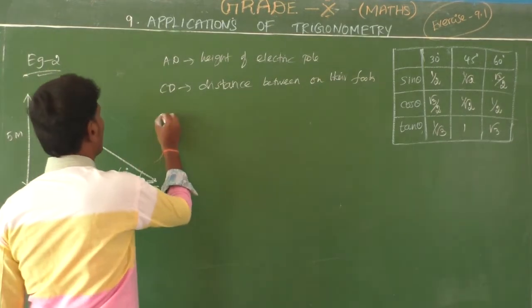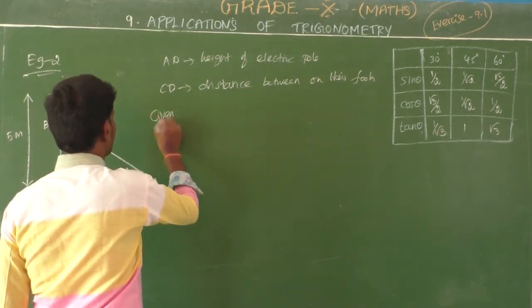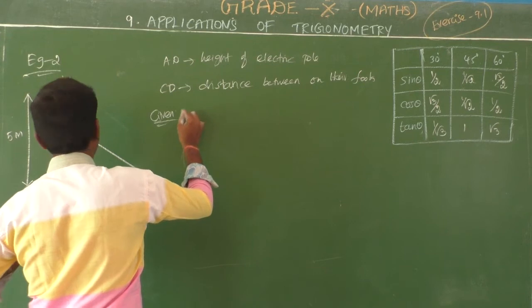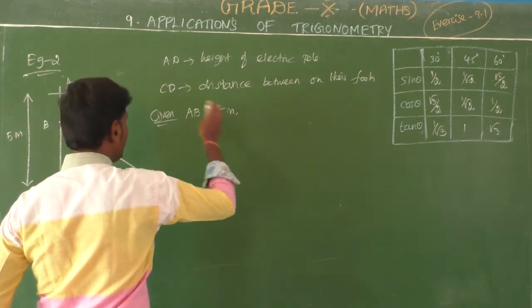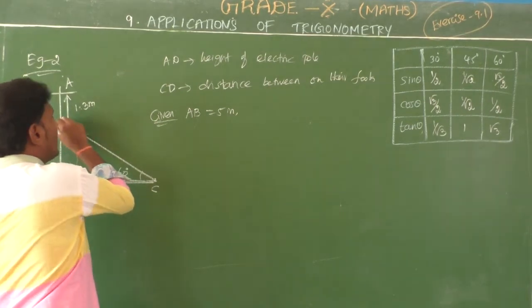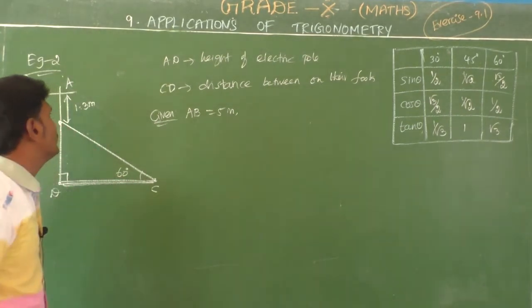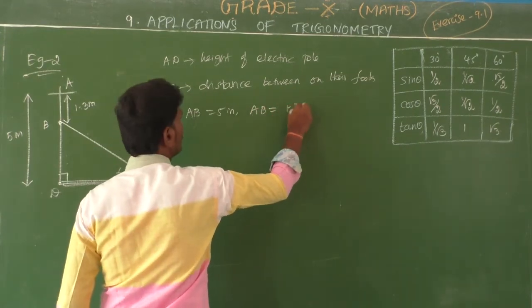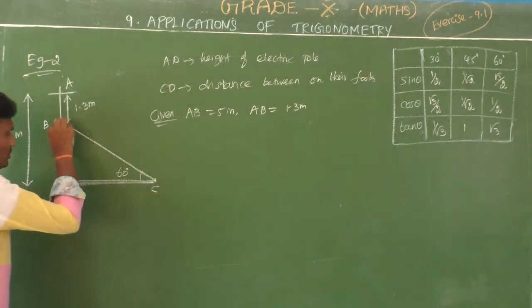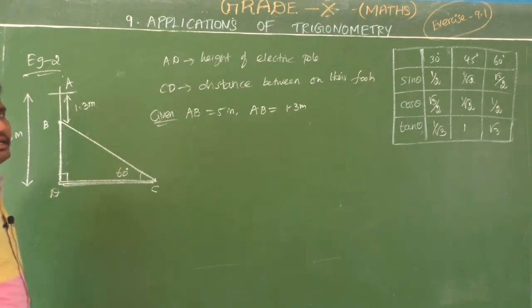So first you have a given. What are they given? Tell me. The total height of the pole AB is equal to 5 meter, and the ladder is going to be placed at the point B. So the distance AB is equal to 1.3 meter. Now I am going to take the value of BD.